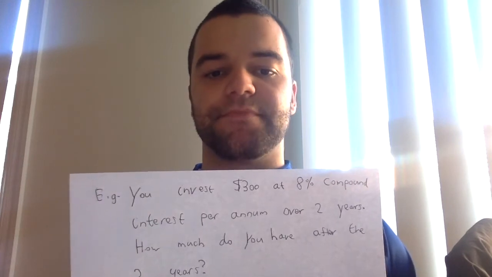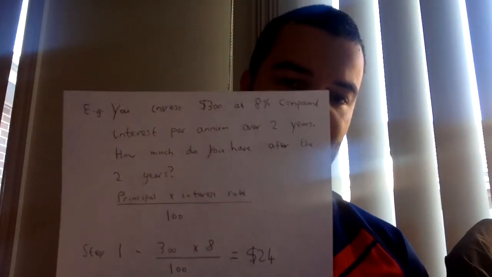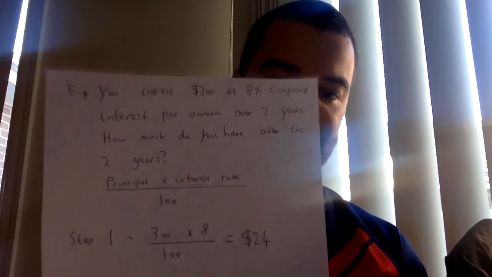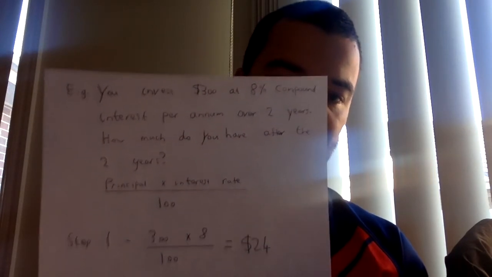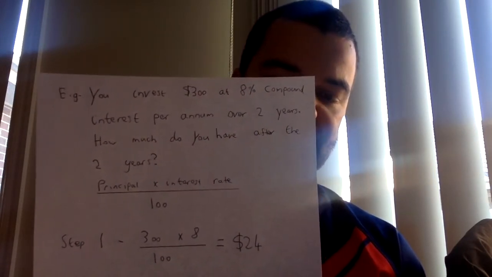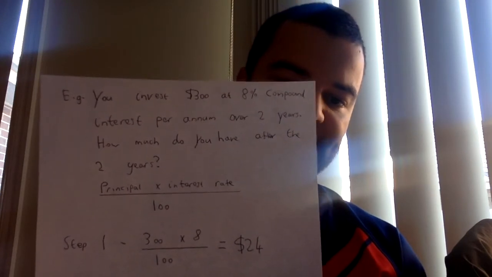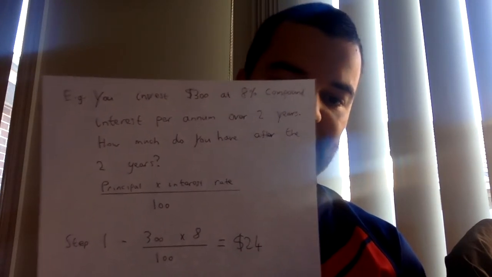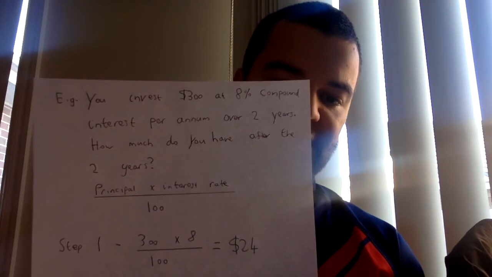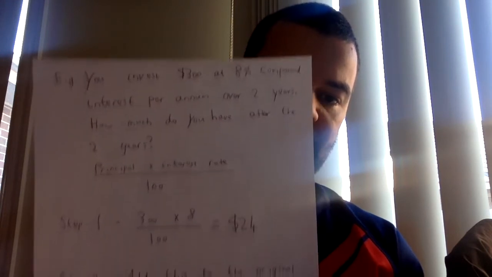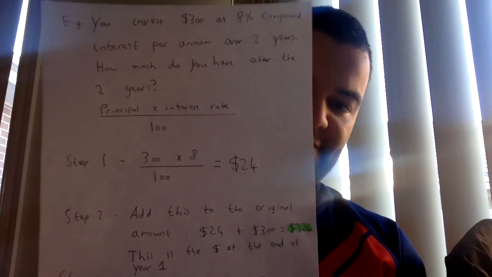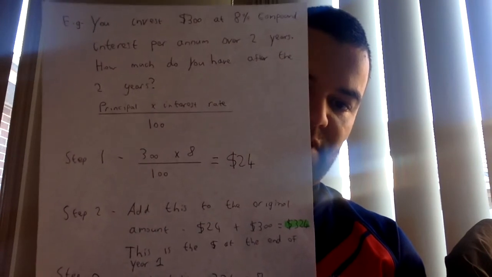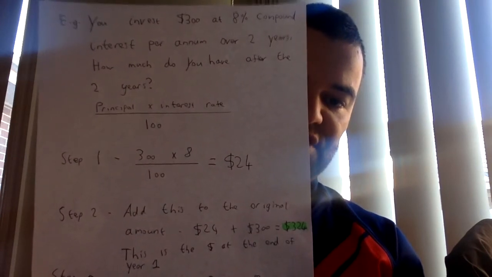Okay? So the first thing I want to do is we've got the formula, the principal times the interest rate divided by 100. Our principal was 300 and our interest rate was 8. So 300 times 8 divided by 100 gives me $24. So I add that to the original amount. 24 plus 300 gives me 324.